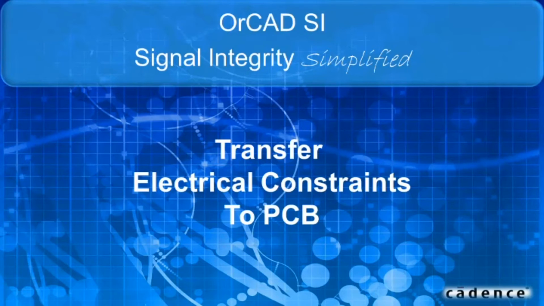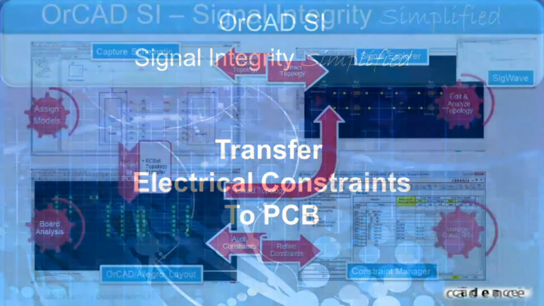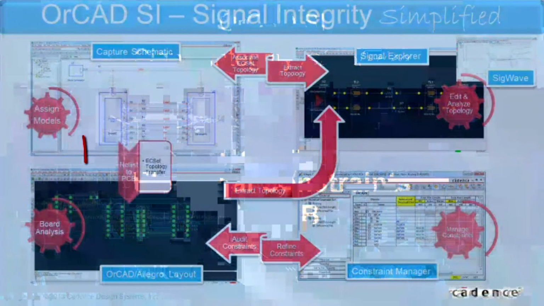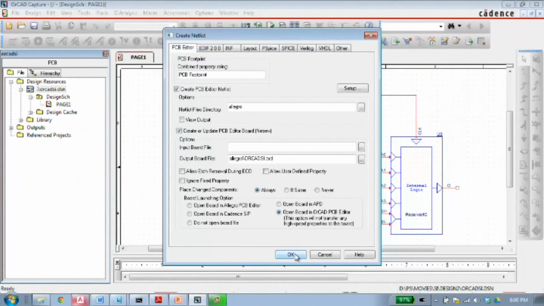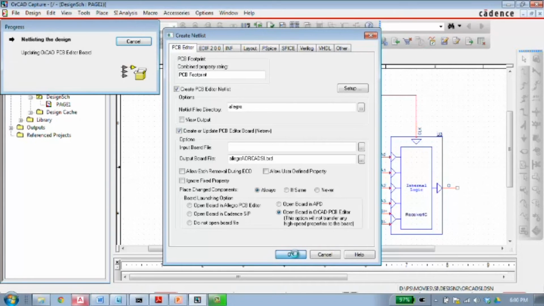All the constraints designed in the schematic by the electrical engineers need to be passed to the PCB designer for layout. In OrCAD Capture, the PCB netlist process using Create Netlist generates the netlist and automatically transfers the electrical net topologies along with the constraints over to PCB Editor for layout.